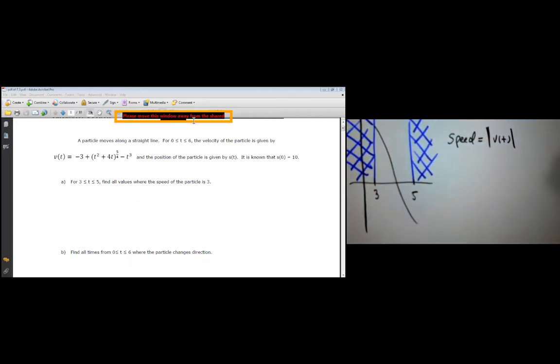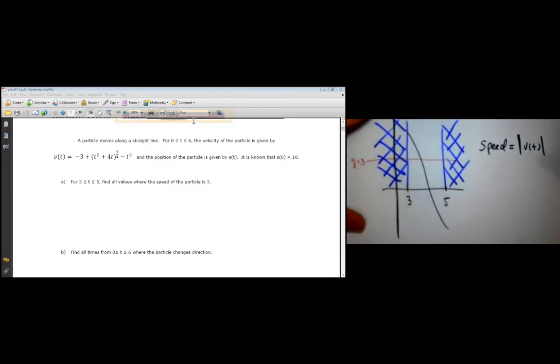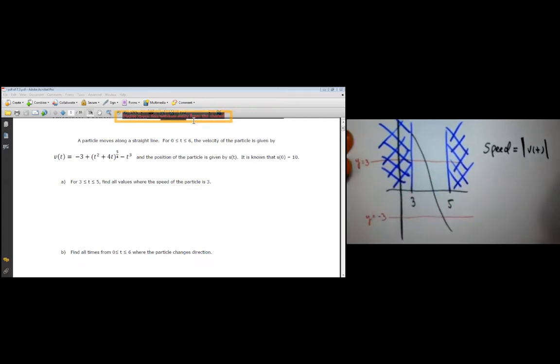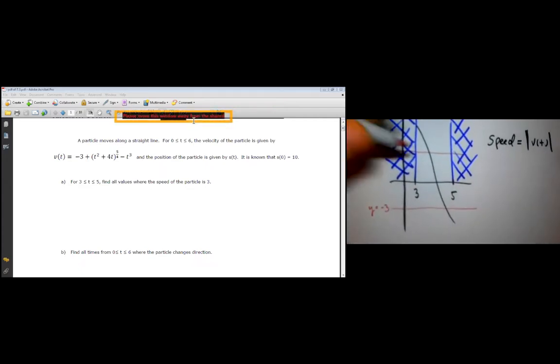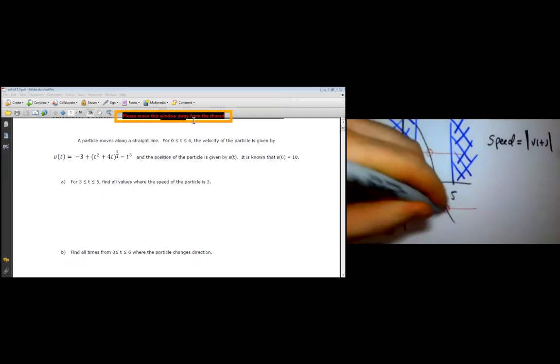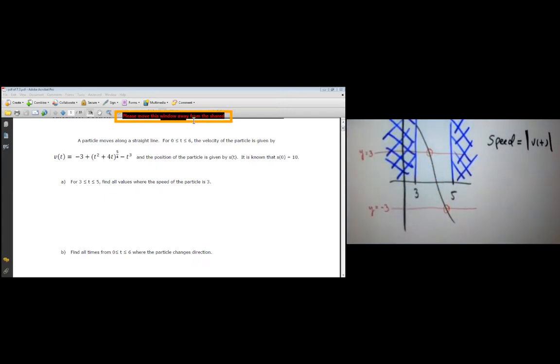So if I want to know where speed is 3, we want to draw two different lines. One of them is going to be at positive 3, and one of them is going to be at negative 3. Those lines, 3 and negative 3, you're going to use them to find the intersections with the graph.